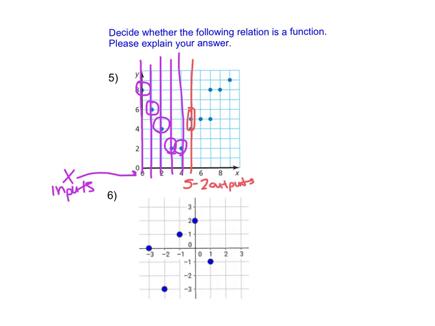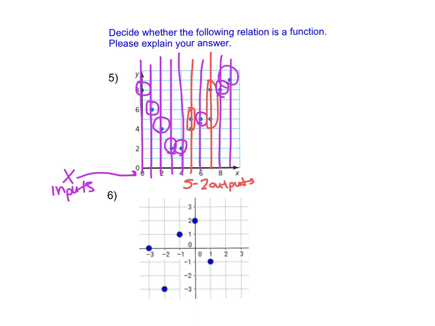If we keep looking, we'll notice input of 6, 1 output. Input of 7, again, has 2 outputs, so that's a problem. Input of 8 has 1, input of 9 has 1.